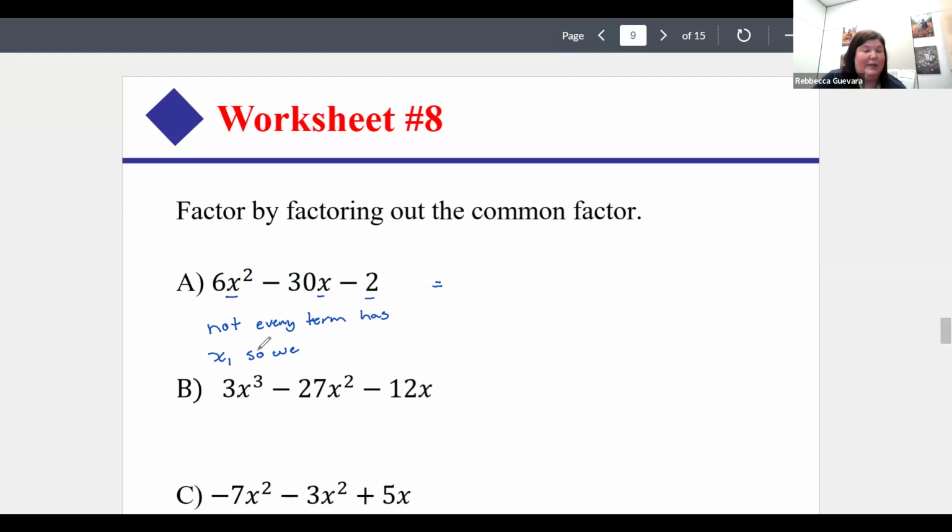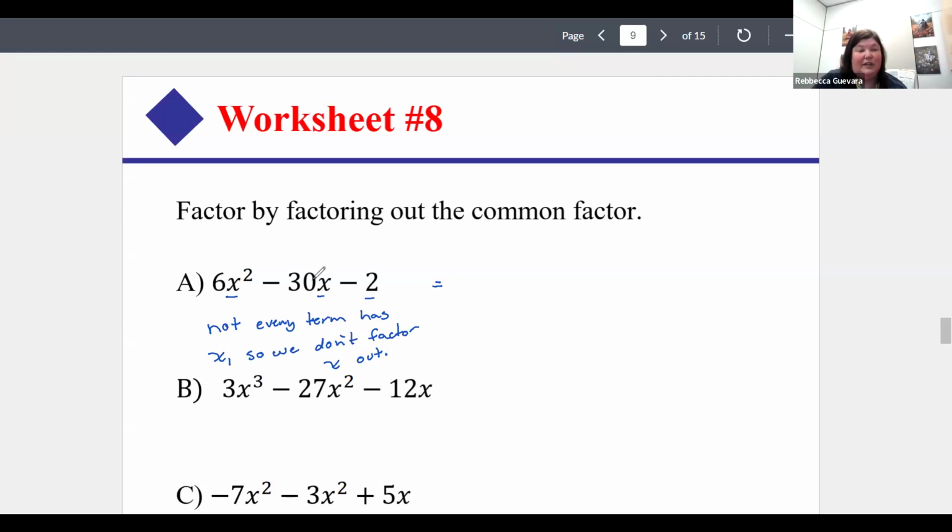This is one of the first things I want to point out in case you try to do that: we have to have every term contain the same variable to factor it out.